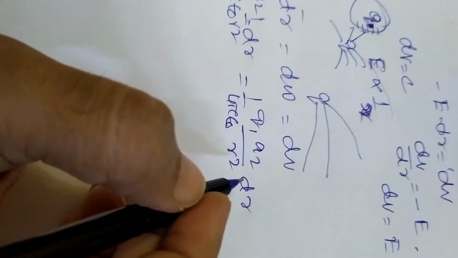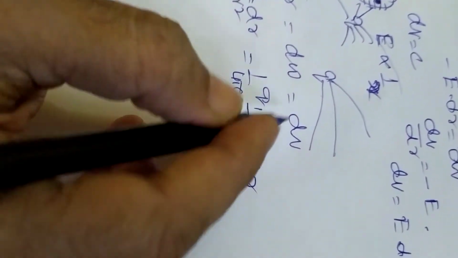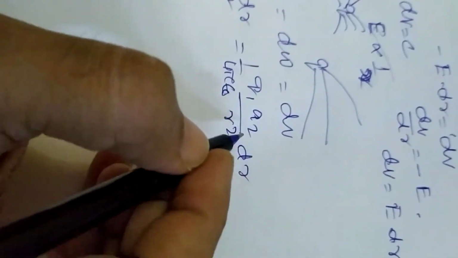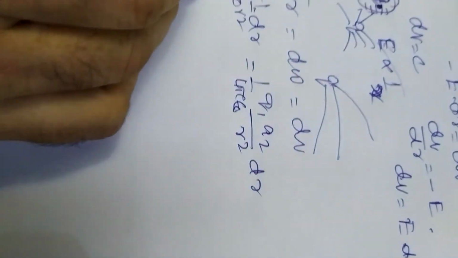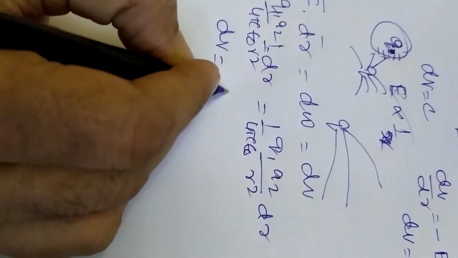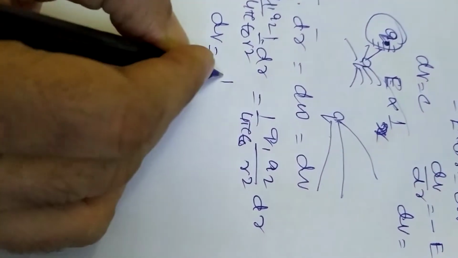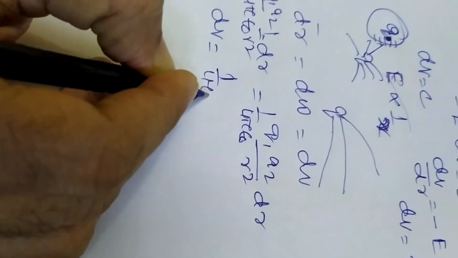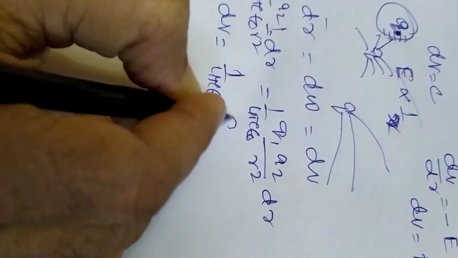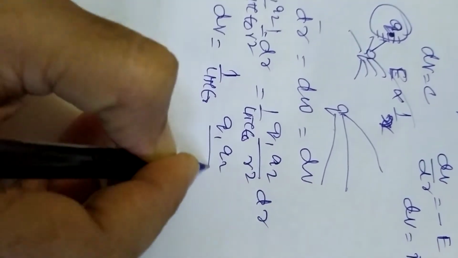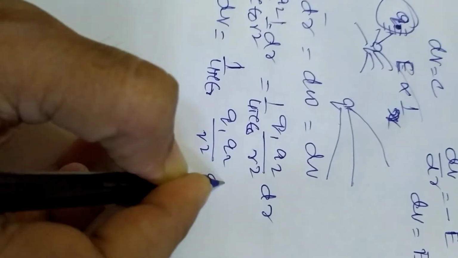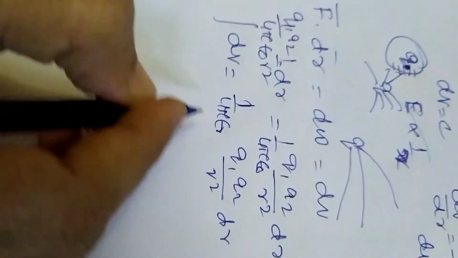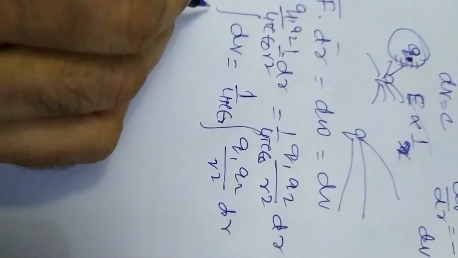So in this way we will integrate it and find the potential. We will write dV equal to this quantity, 1 by 4 pi epsilon 0, Q1 Q2 by r square into dr. We integrate here, and we integrate here at this position.